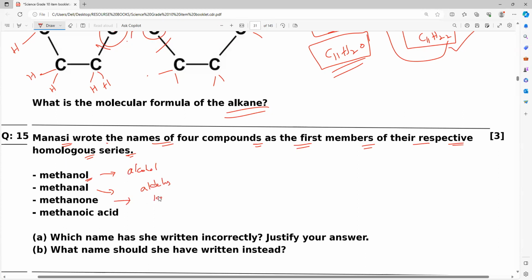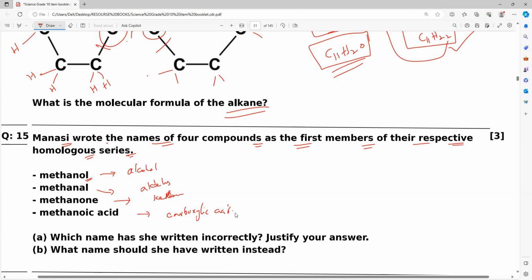Methanone, ketone. Methanoic acid, carboxylic acid. The question is, which name has she written incorrectly? Justify your answer, she is asking. What name should she have written instead of it? That is the question.